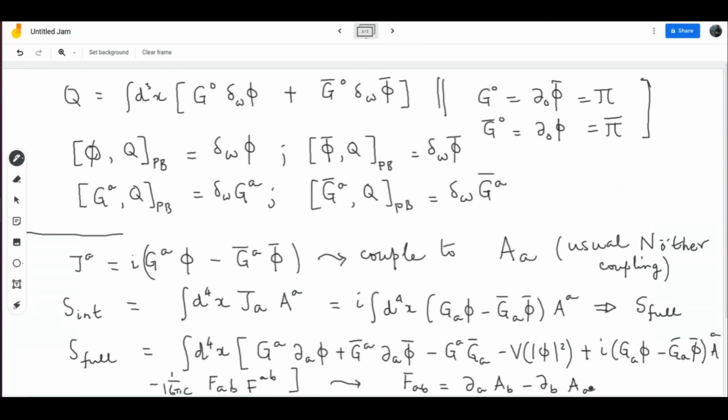So what we have done now is we have taken our scalar field action, coupled the conserved U1 current to the 4-vector potential, and also included the electrodynamic Maxwell term, FAB. Okay, so this is the full action. One of the home tasks is to write down the equations of motion for this action. I shall do the variations with respect to G and G bar and with respect to phi and phi bar, and leave the rest to you.